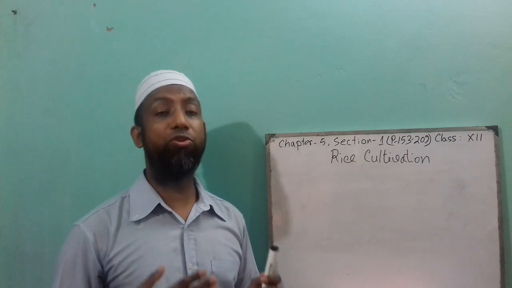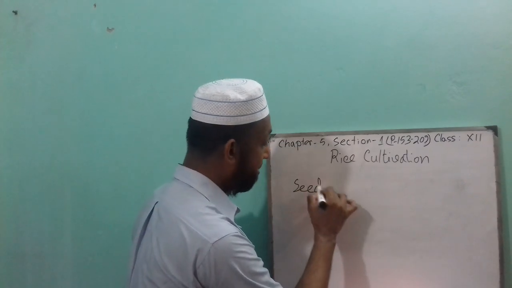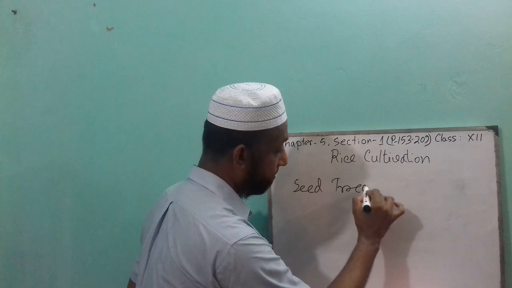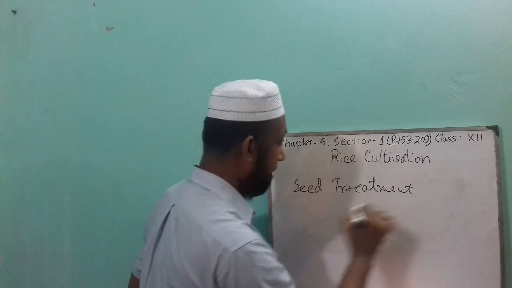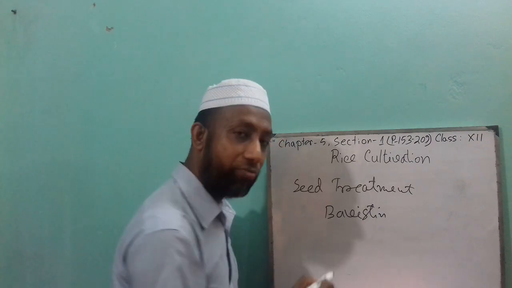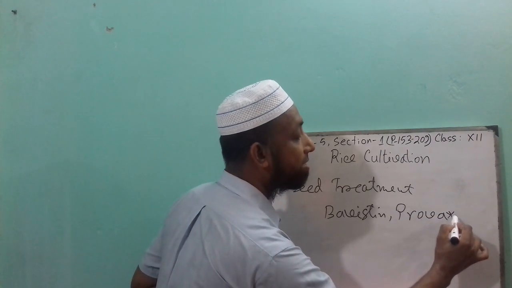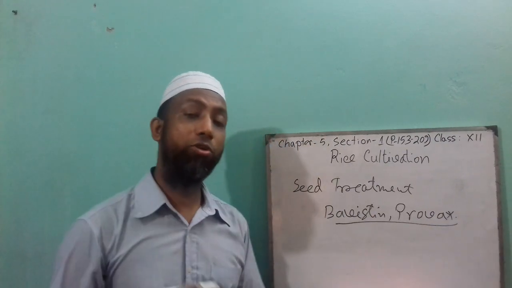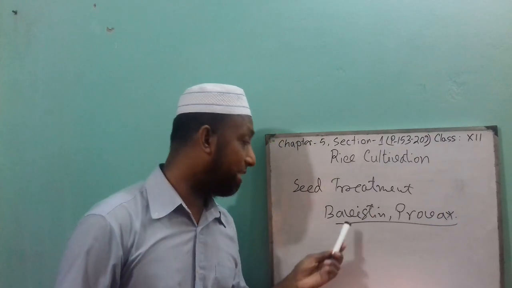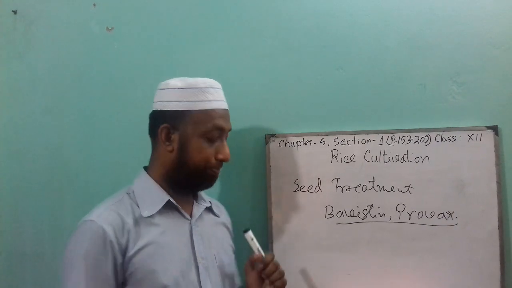That is why you have to treat the seed with a fungicide, like Bavistin, which is a fungicide, then Provax, this type of fungicide. You have to treat the seed with this type of fungicide.